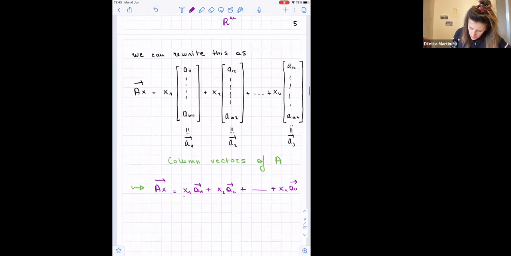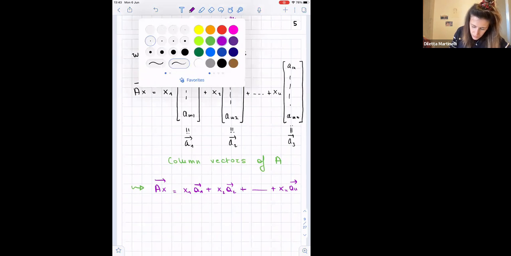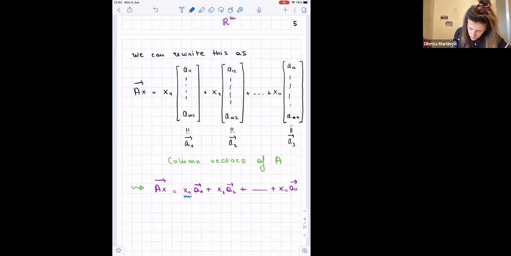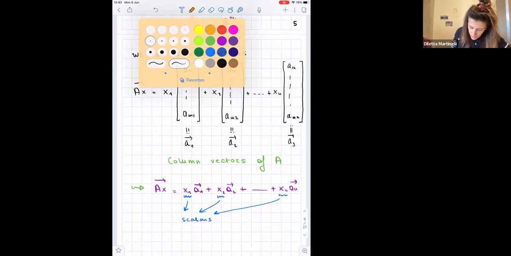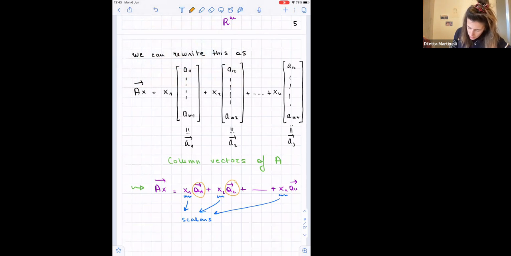Where again, the xi are scalars, these are just numbers. And these are the column vectors.